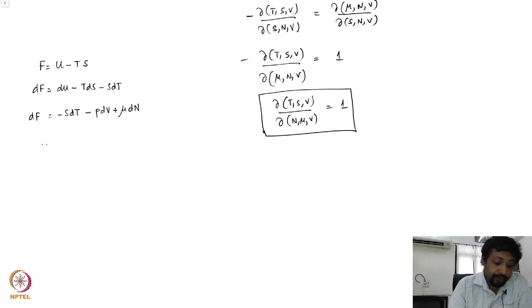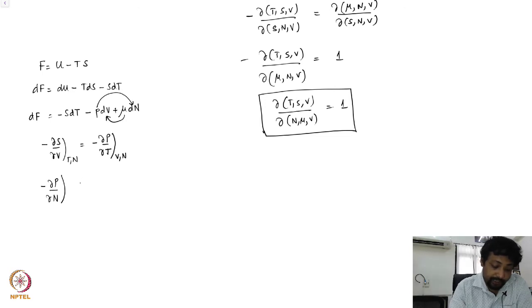Now, the first Maxwell relation would be del S, del V, with T and N held constant, is minus del P, del T, with V and N held constant. Then of course it follows minus del P, del N, P with N and mu with V, is equal to del mu, del V. Here of course when you do del P, del N, V and T are held constant.